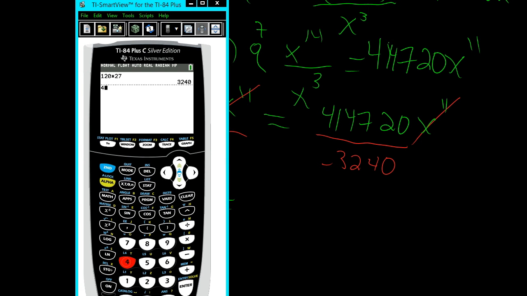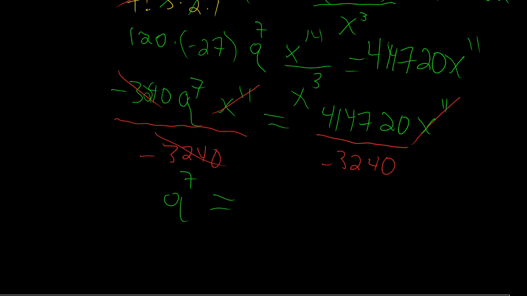So this is 414,720 divided by 3240, remembering it's negative. So negative 128. And so now we want to take the opposite. The opposite of the power of 7 is the 7th root. So we'll take the 7th root of negative 128.